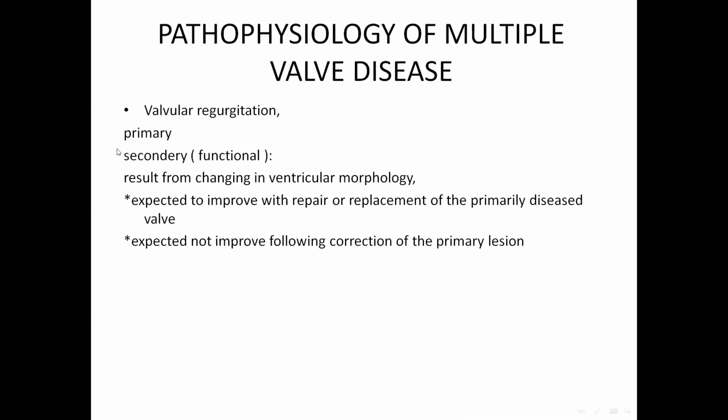Secondary or functional regurgitation results from changes in ventricular morphology, which is expected to improve with repair or replacement of the primary diseased valve, or is expected not to improve. Even if we repair the primary lesion, we have to repair or replace the secondary diseased valve.